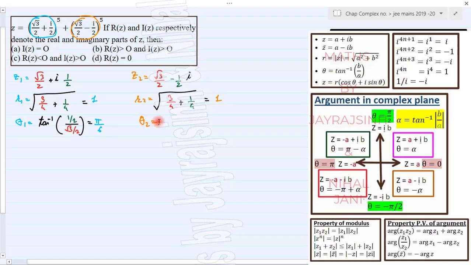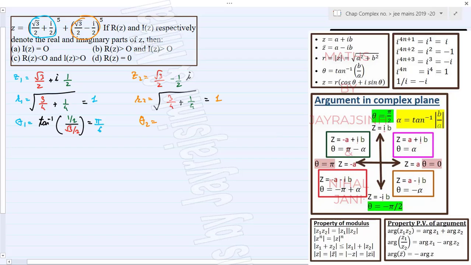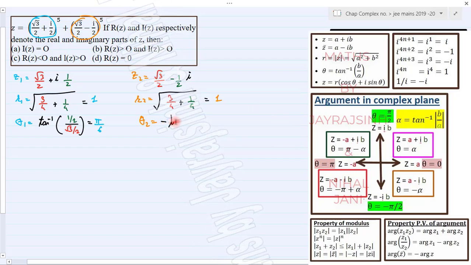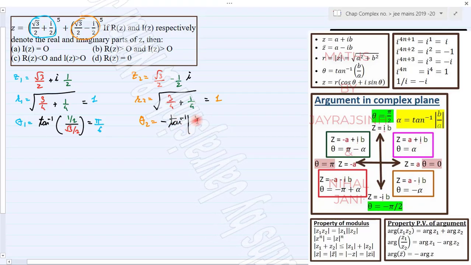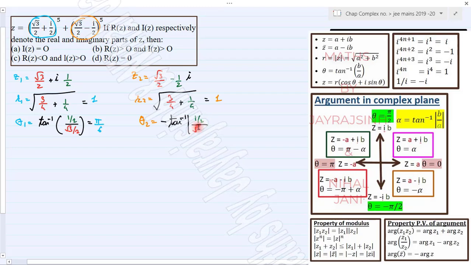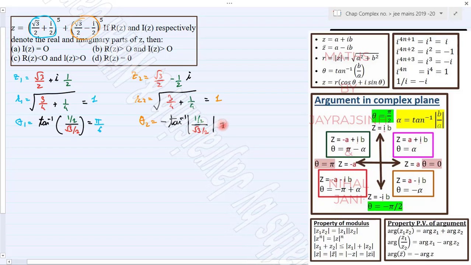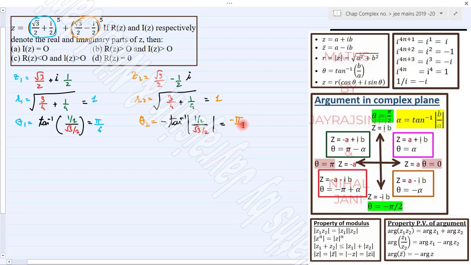Its x is positive and y is negative, which means its argument lies in the fourth quadrant. So it will be minus tan inverse of b by a, which is 1 by 2 upon root 3 by 2. So that will be minus pi by 6.